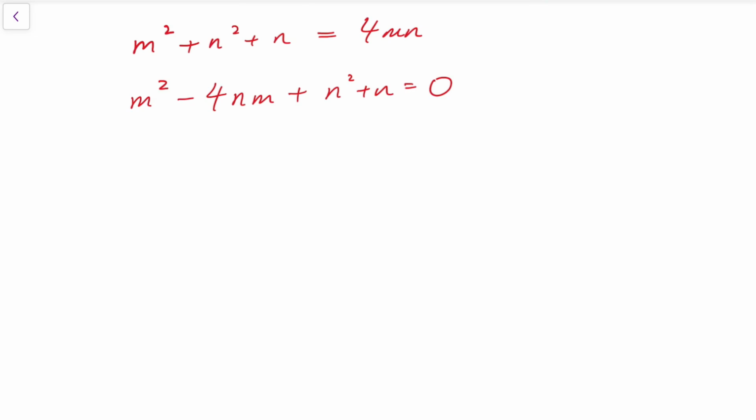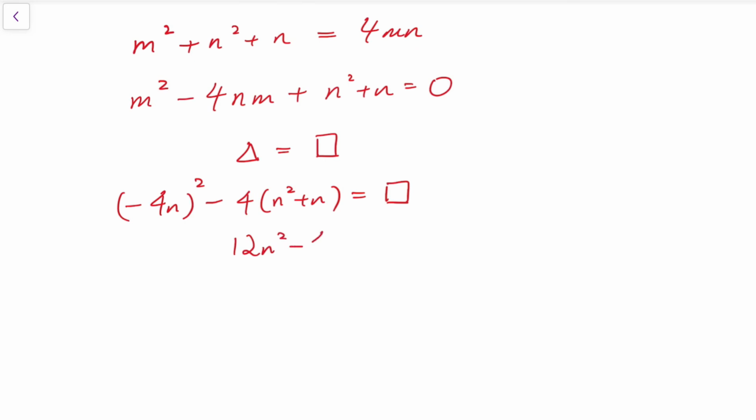And to find integer solutions, it's necessary for the discriminant to be a perfect square. By definition, we have (minus 4n) all squared minus 4 times 1 times (n squared plus n). Simplifying, we have 12n squared minus 4n is a perfect square.